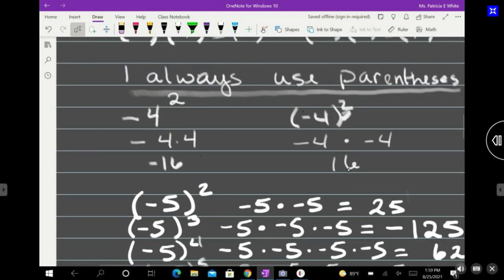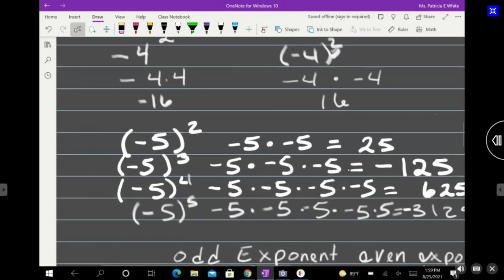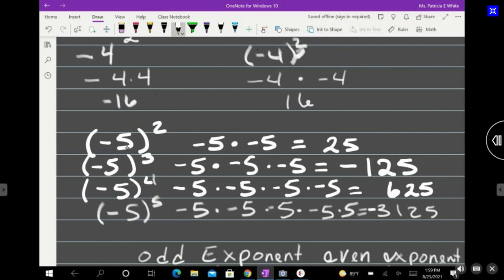Now, look at those 5s. When I had -5 to the second power, what kind of answer did I come out with? 25, +25. But when I had -5 to the third power, I came out with a -125.